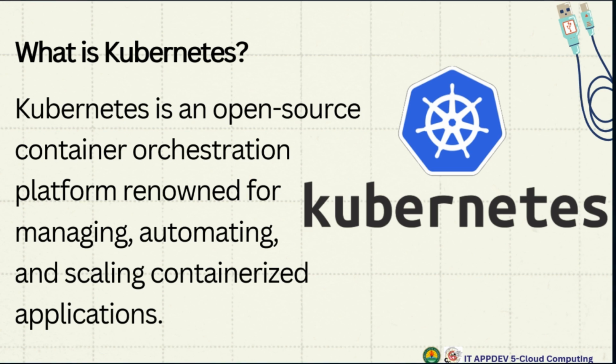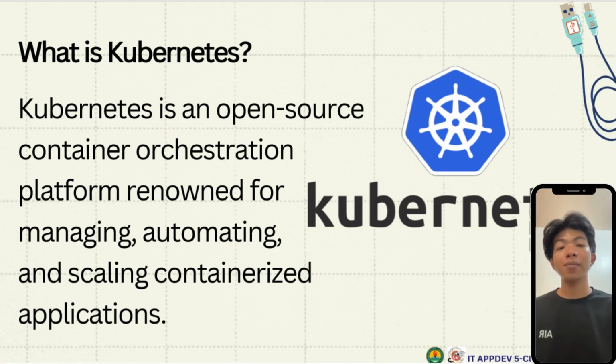So rather than individually managing each container in a cluster, they use Kubernetes to automate and manage those containerized applications. In summary, the difference between Docker and Kubernetes is that Docker focuses more on creating and running those containerized applications, while Kubernetes focuses more on orchestrating those containers.